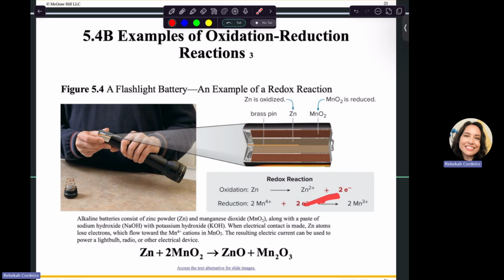And so we have oxidation happening in zinc, and then we have reduction happening in a manganese ion. The overall reaction would look like this. We're not going to talk about how to break this down into what's being oxidized and what's being reduced. What you can do is look at the charges. Zinc goes from 0 to +2. Manganese goes from +4 to +3.